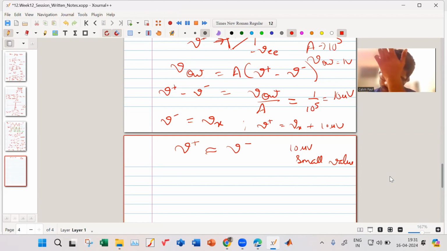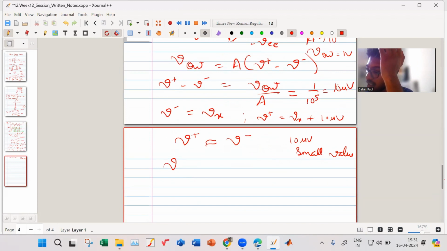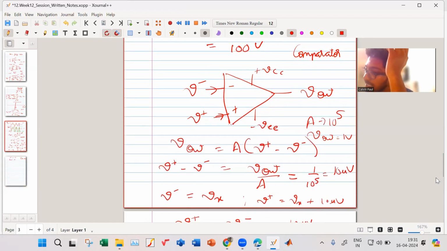So this is the concept of virtual ground: the voltage at the negative terminal is approximately equal to the voltage at the positive terminal.